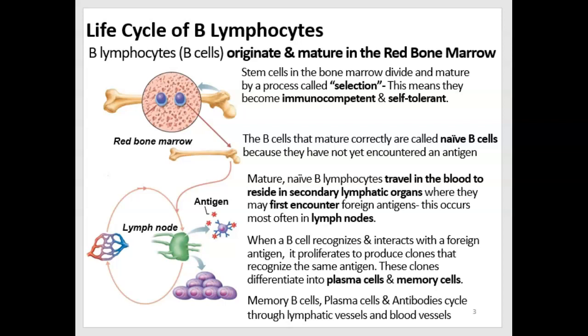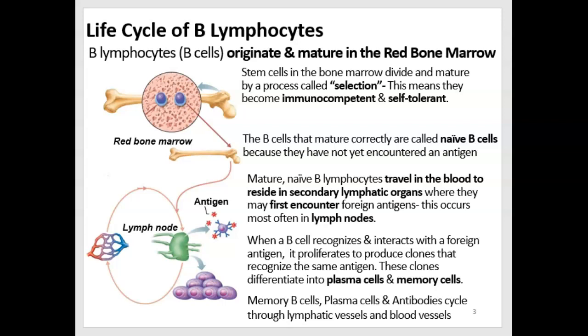But once they have been made, these naive B lymphocytes can travel in the bloodstream from the red bone marrow to secondary lymphatic organs where they reside. That's where they live. Not that you can't find them in the plasma, you do, but many of them live in secondary lymphatic organs like lymph nodes. And this is where they first encounter foreign antigens.